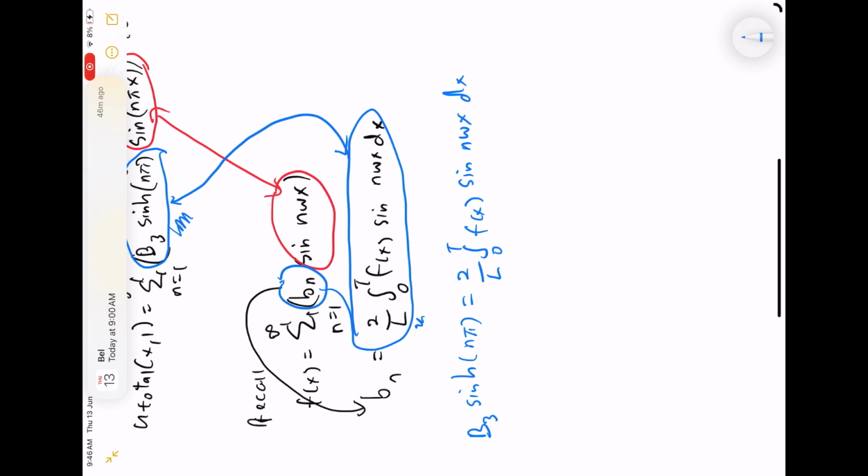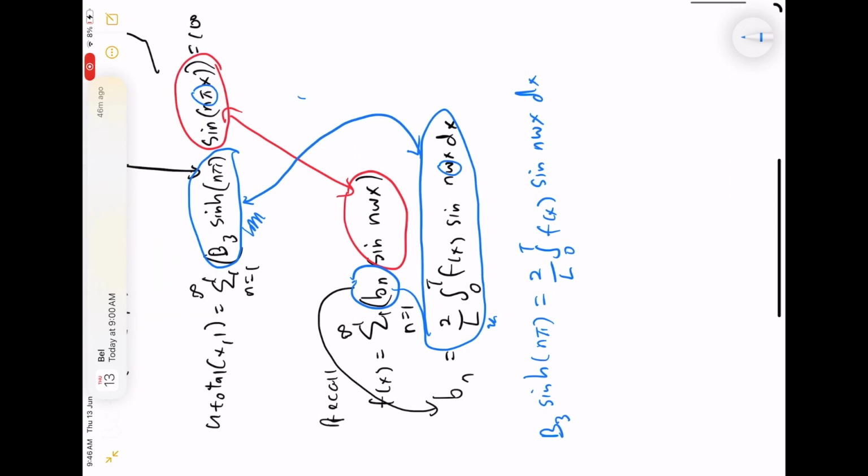And then we have the value of w, right? So w is equal to pi. So n pi x and w x, so our w is equal to pi.